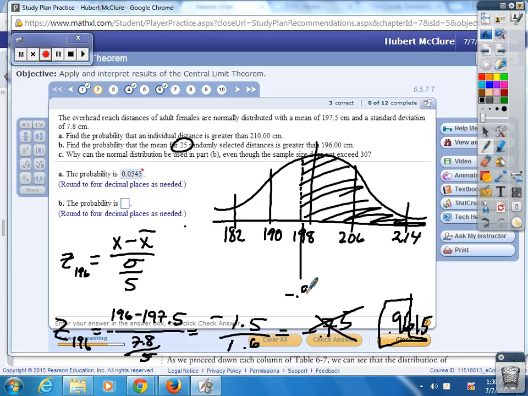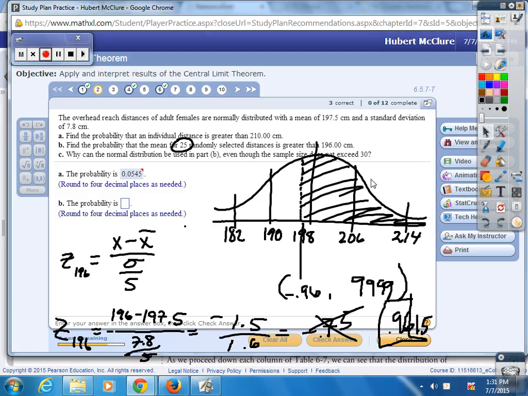So somebody take your handy dandy calculator out, and what do they want? They say it's greater than 196. So we got to do negative 0.96 to 99999. 0.8314.